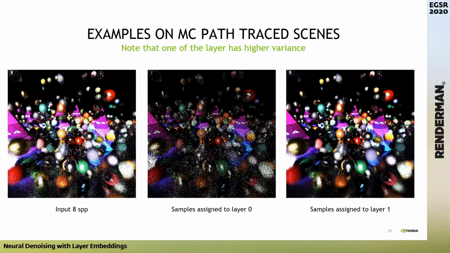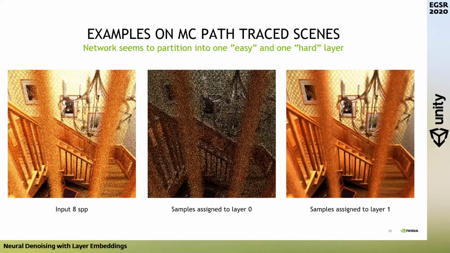Here's another scene, and again we see the same behavior. One of the layers is much more noisy than the other. Here's a third case on a scene with a large defocus blur, where again layer 0 is significantly more noisy, and the network seems to have partitioned into one easy and one hard layer.